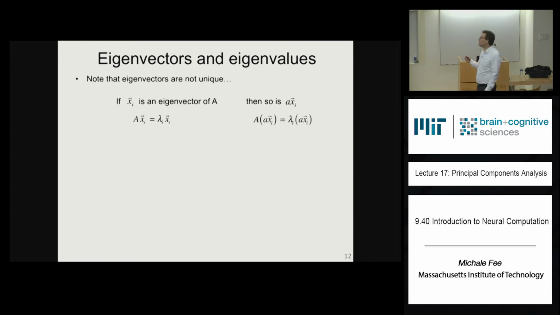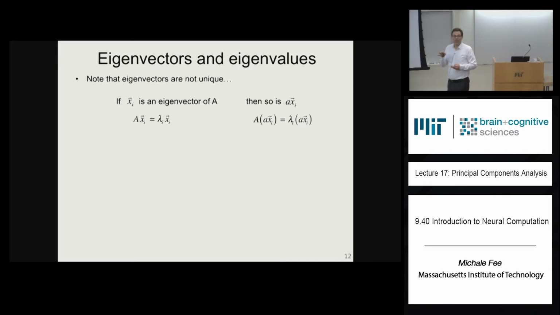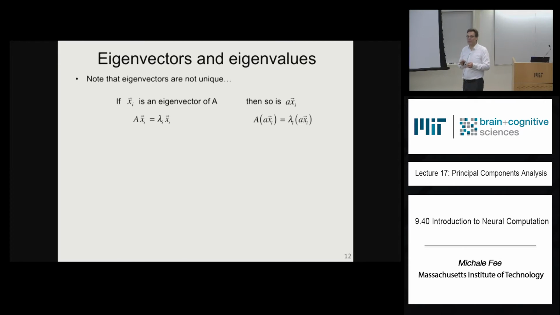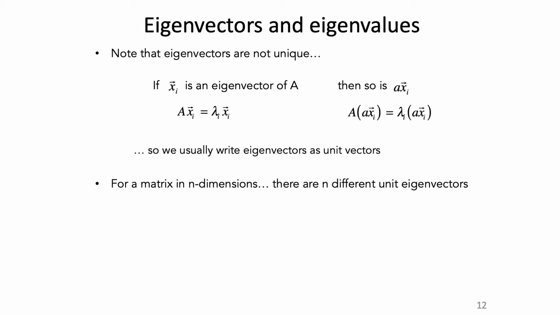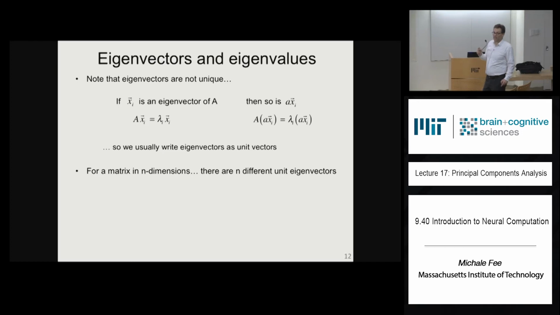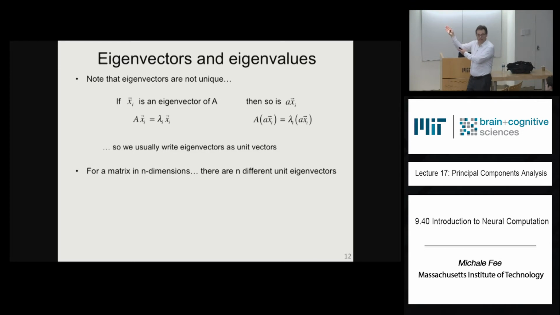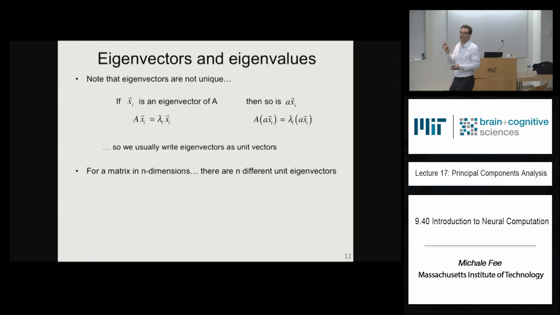Okay, when we write down eigenvectors of a matrix, we usually write down unit vectors to avoid this ambiguity. For matrices of n dimensions, there are typically n different unit eigenvectors, n different vectors in different directions that have the special property that they're just stretched and not rotated.